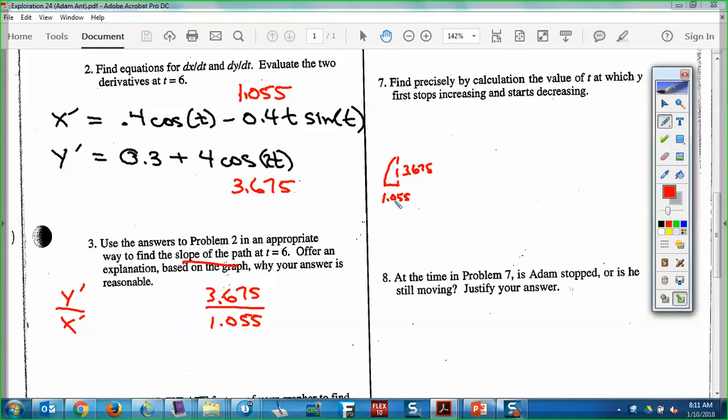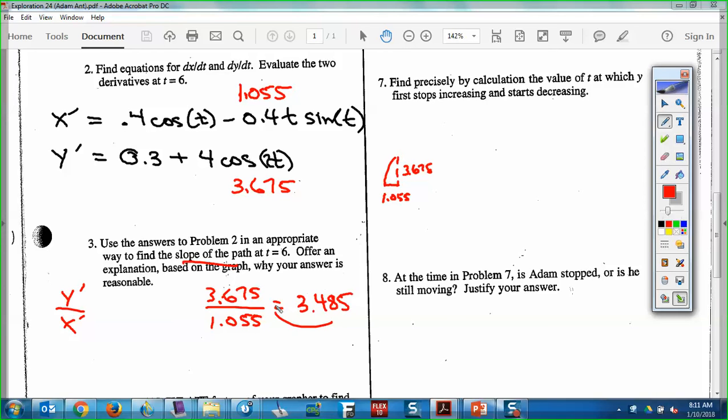If you think about it, isn't that what it's saying? He's going more up than he is to the right, up by a factor of this compared to a factor of that. And isn't that rise over run? It makes sense that that's the formula for the slope of his path at that instant. So what did you get here then? 3.485.